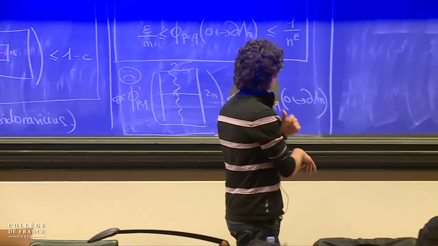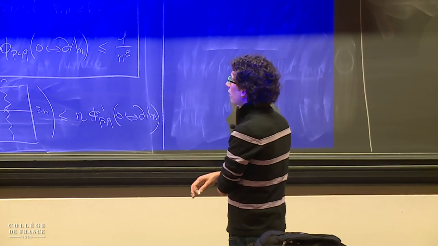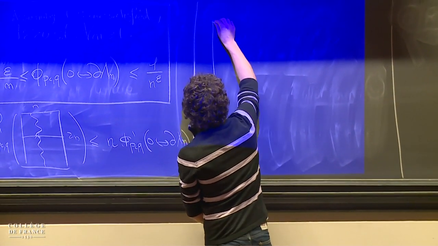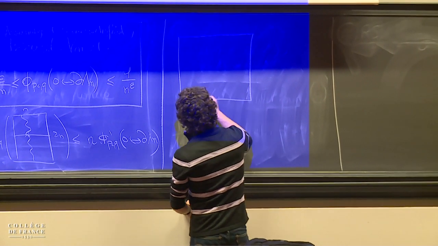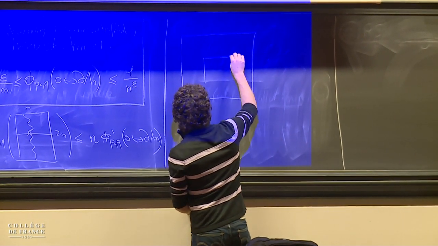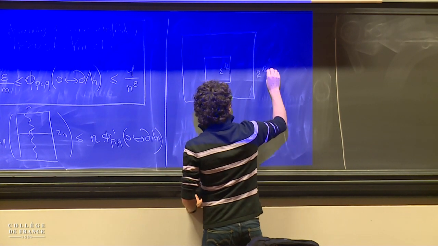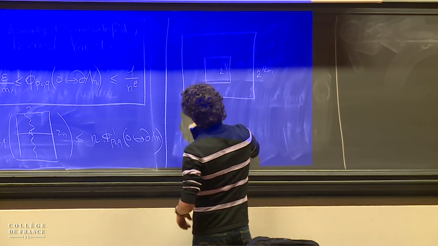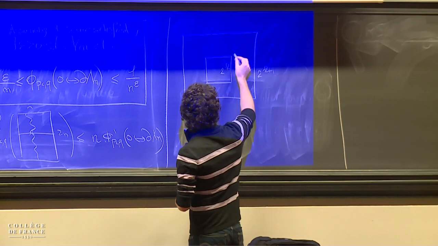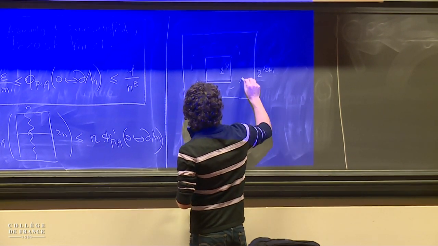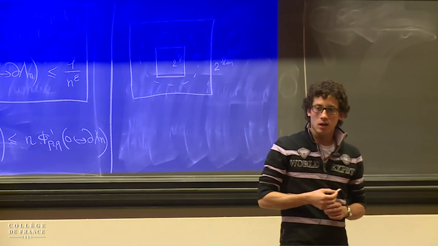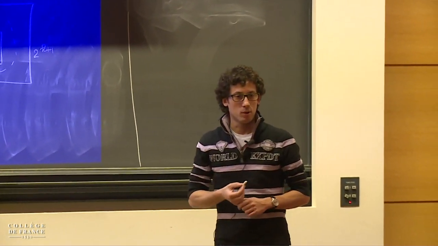Now, how do you get the upper bound? Well, first observation, what is the probability if I give you a box of size, say, 2 to the k and a box of size 2 to the k plus 1? What is the probability that I find a dual path like that, blocking, surrounding the inner box?